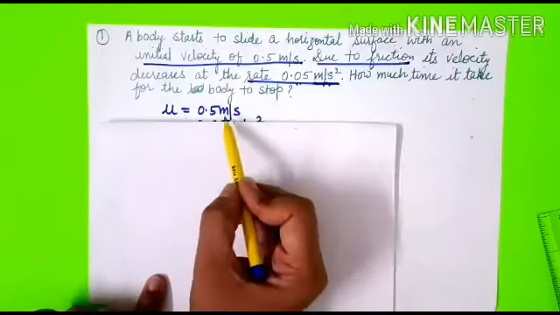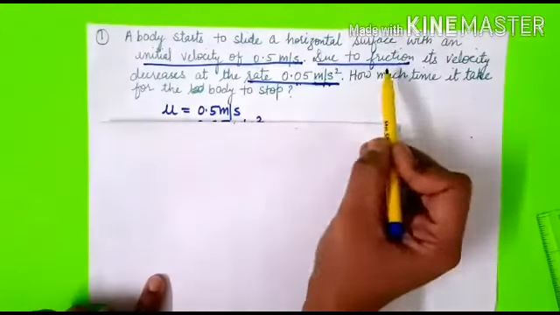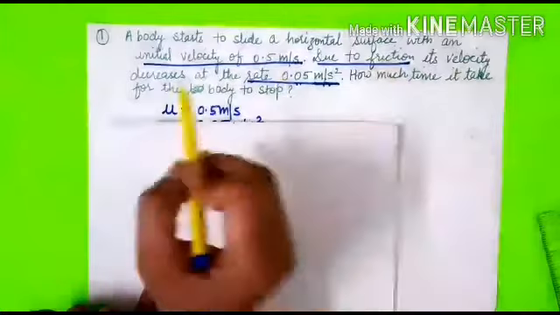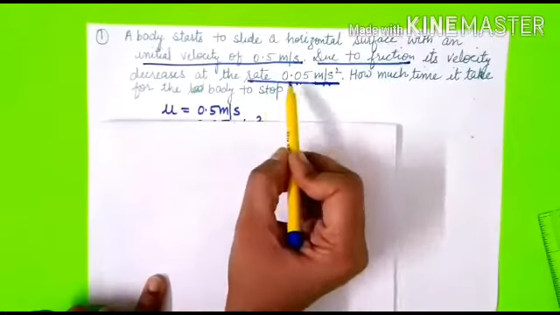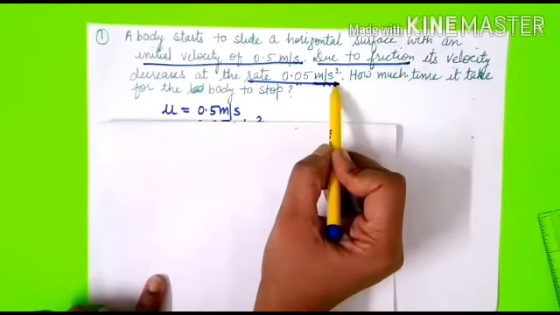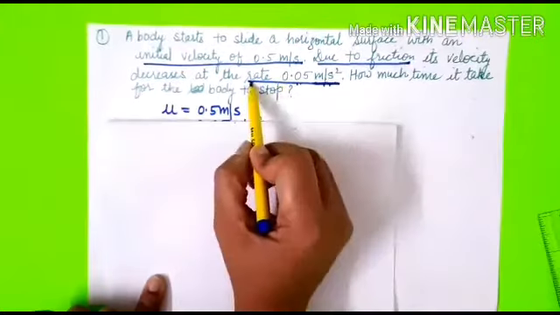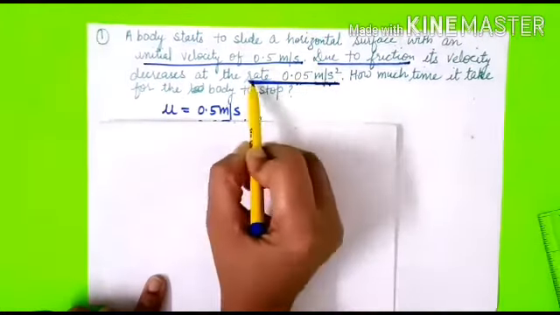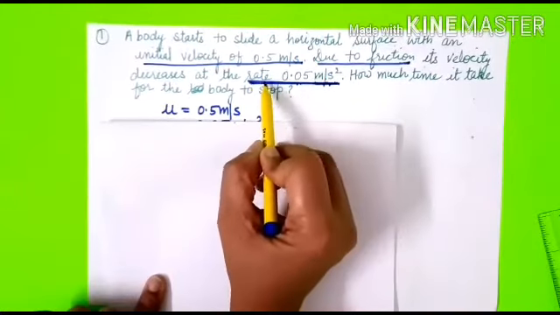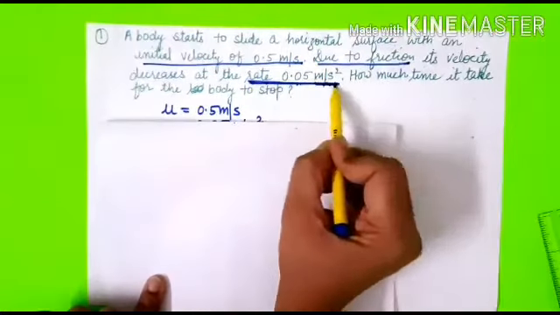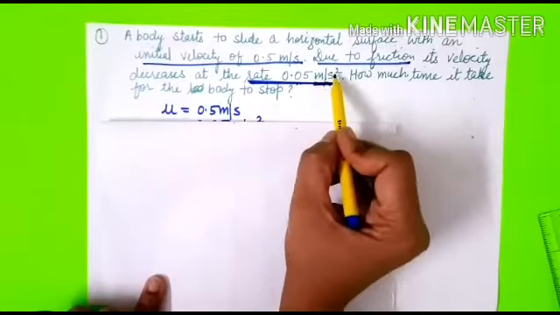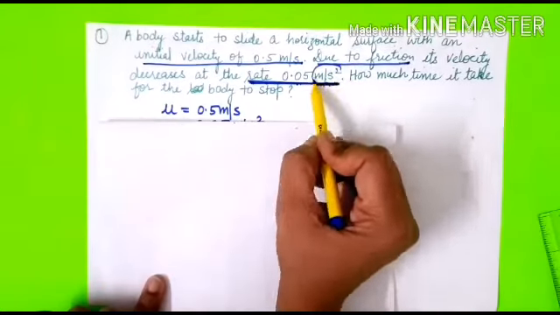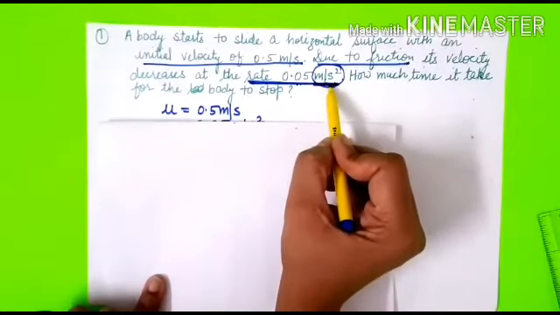U is equal to 0.5 meter per second. Due to friction, its velocity decreases at the rate of 0.05 meter per second square. Means this is the acceleration value. So rate is given, means acceleration is given. You can easily identify it from the unit, because this is the unit for acceleration.